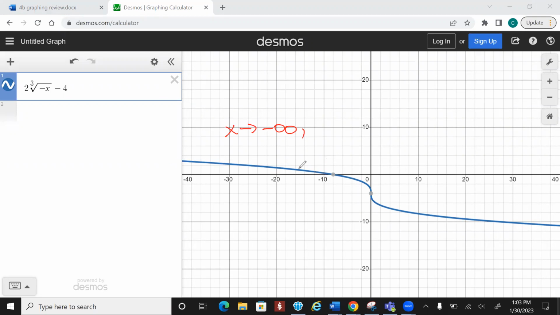So as we move to the left, what's happening to our y values? They're going up. As we move to the right, what's happening to our y values? They're going down. Ta-da! There's your end behavior.